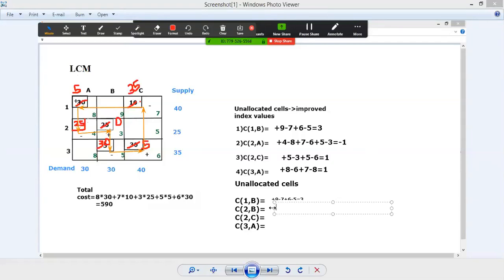So which is 3 plus 3 plus 3 minus 5 plus 6 again minus 7 plus 8 minus 4, which will be equal to 1. Again, starting from this location, form a loop.